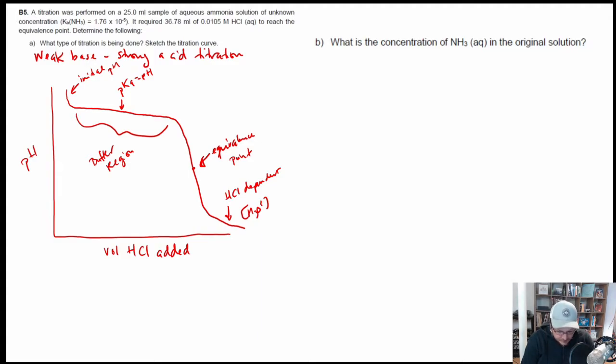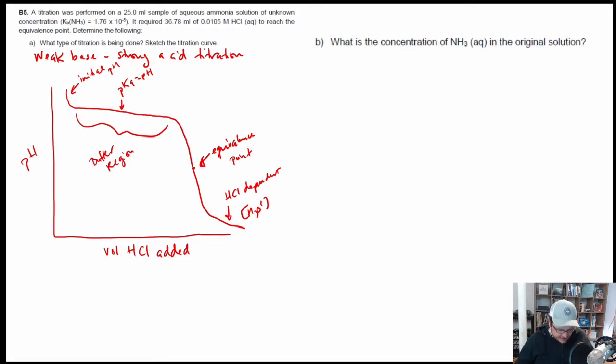So that's the sketch of what a simple weak base, strong acid titration looks like, with a lot of labeling of what we should expect in each region. Even if it's not asked for, I think on the exams it's always helpful to identify the type of titration you're doing, if there is a titration question, and sketch this out, because this will let you know what equations to use and what to do.